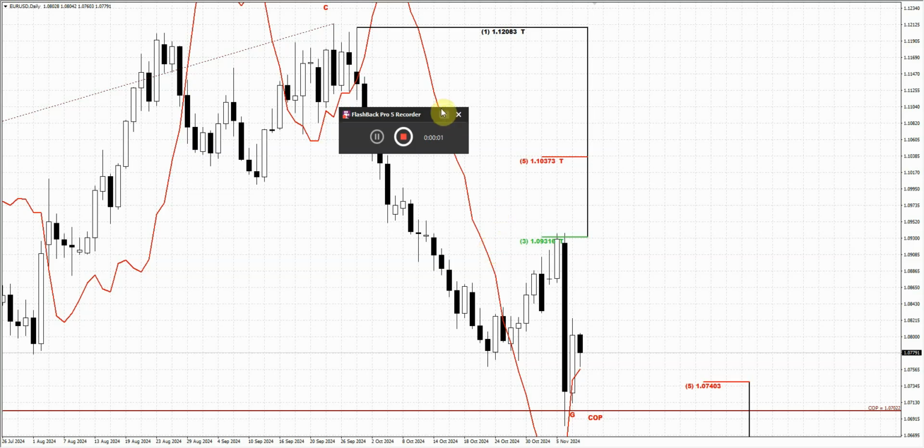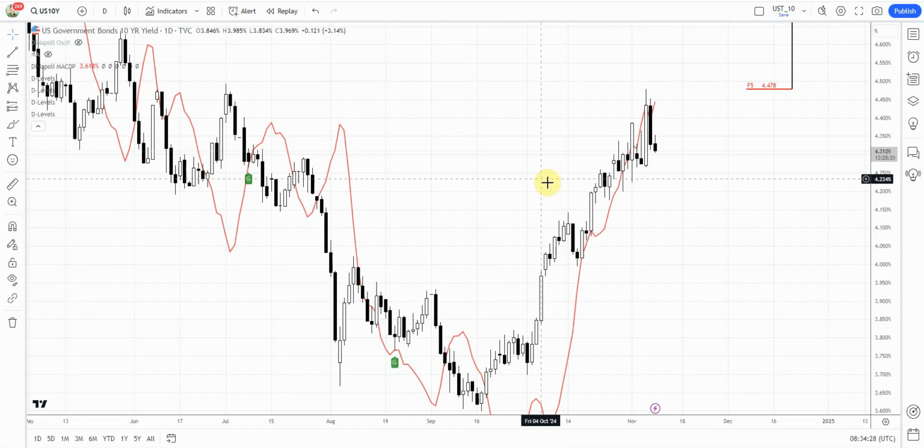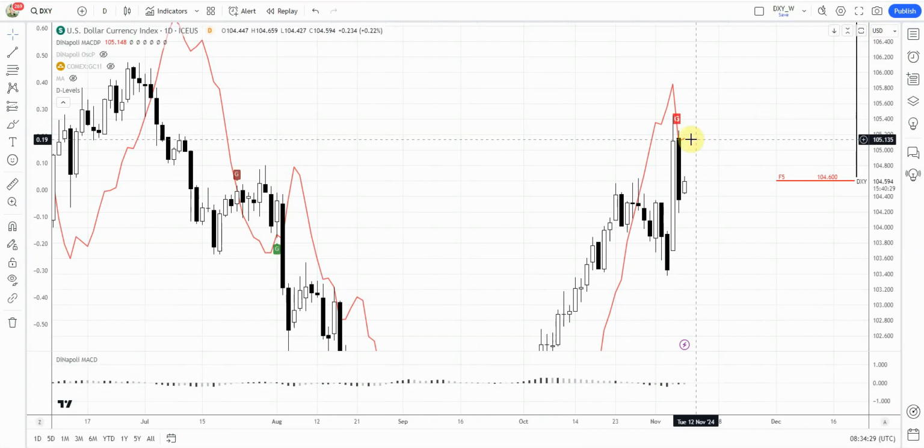Welcome back, everybody. So let's take a look at the euro currency once again. Some patterns that we discussed yesterday have been formed. Now on the daily chart we have a bullish grabber, and actually we have very similar patterns on other markets. If you take a look at the dollar index, for example, right here we also have the same grabber.